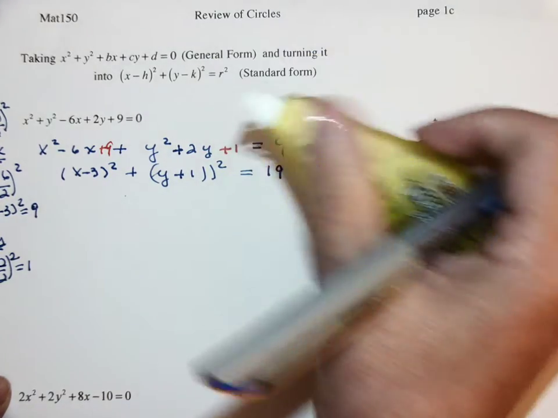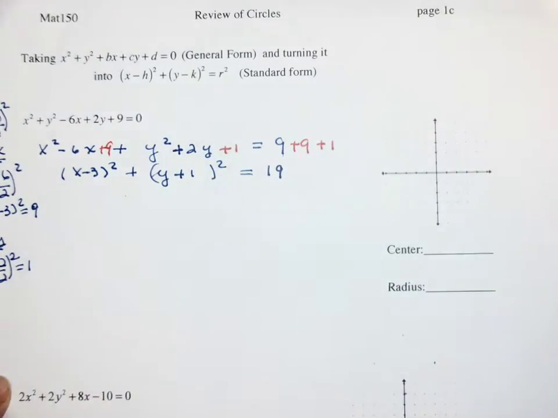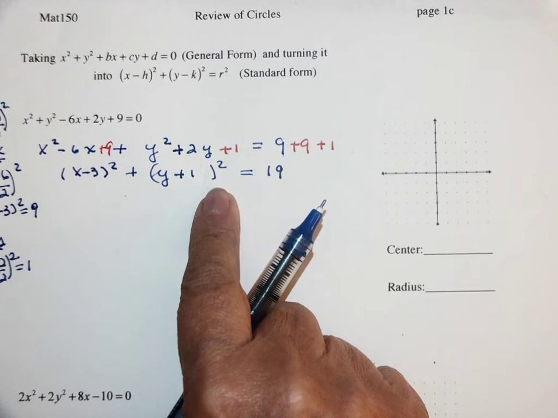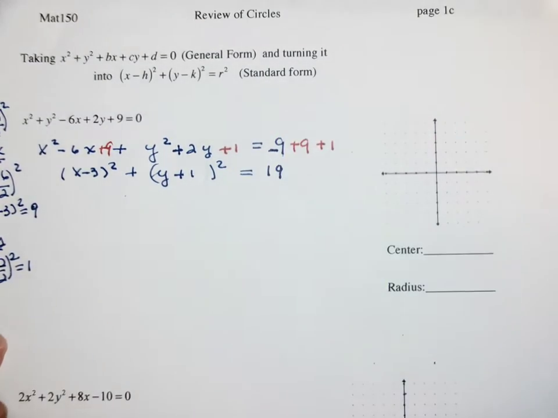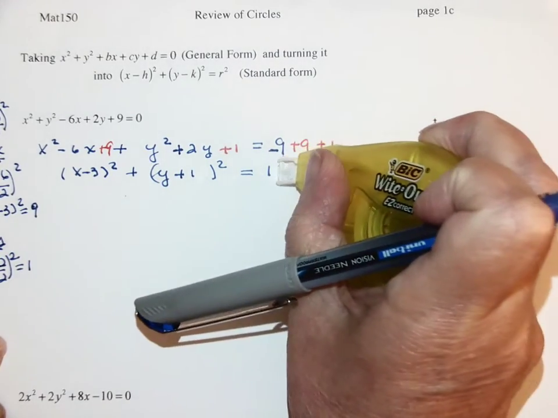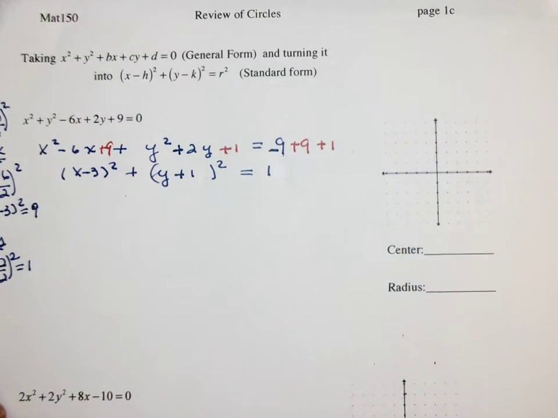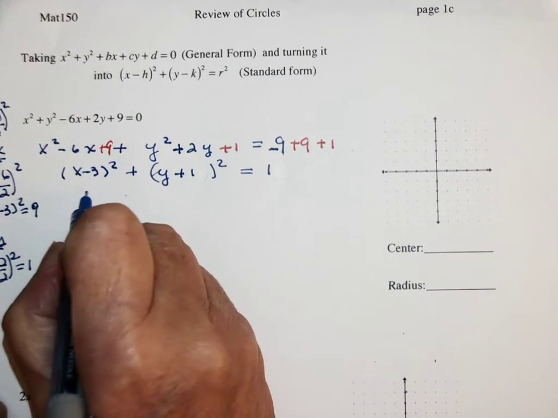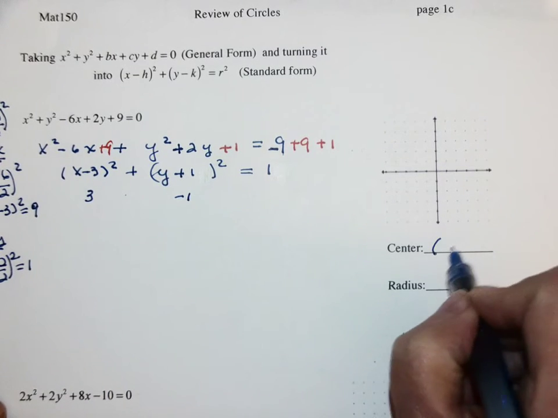I got too many parentheses in here. I don't want that to look like an 11. Oh, this should be a minus 9. So then that just becomes a 1. That looks better. So that means (3, negative 1) is my center.